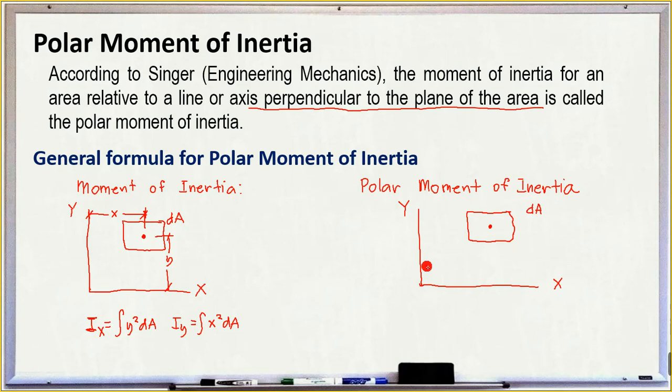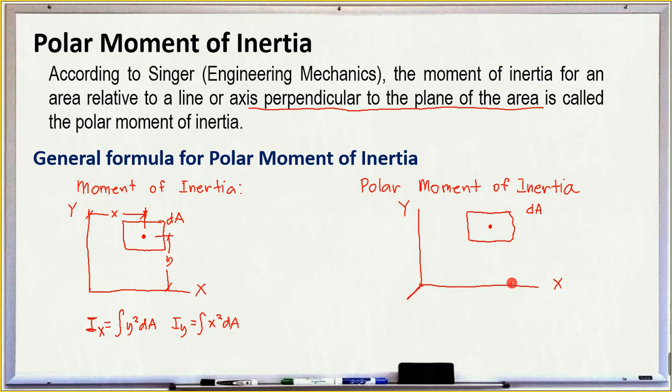Now, we have here an xy plane. The polar moment of inertia is defined as the moment of inertia relative to an axis that is perpendicular to the plane. Unsa may axis sa perpendicular ani? That axis is either towards the screen of your cell phone or away from you.